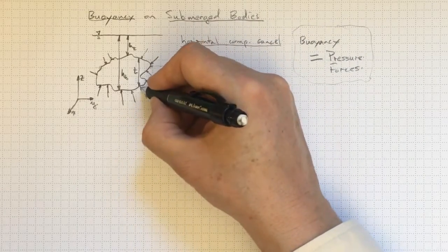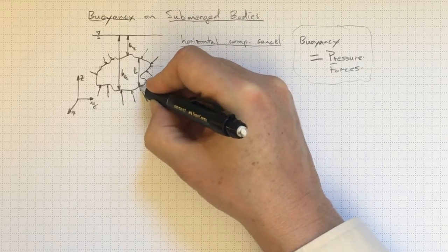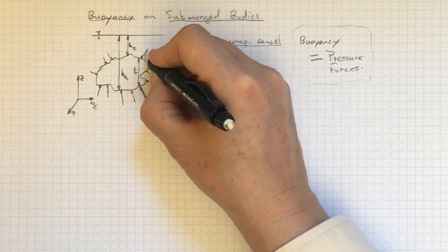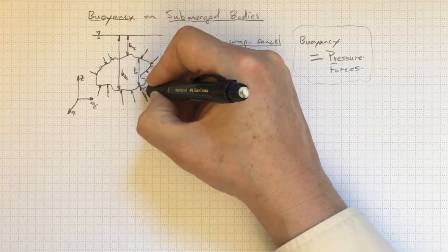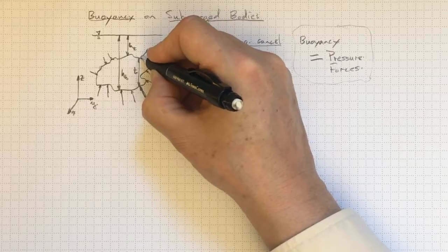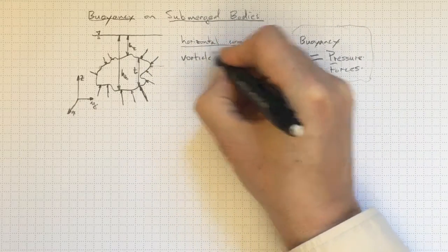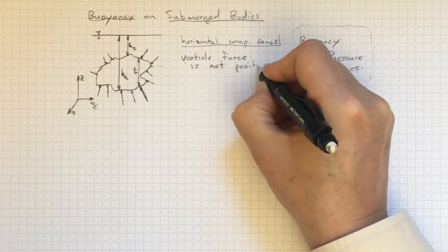Well, if I look at this pressure down here, for example, the vertical component of that pressure force down here is larger than the vertical component of this pressure force up here. So on this little chunk of the body, the pressure force acting on the bottom is bigger than the pressure force acting on the top. And the result is we're going to get a vertical force that is net positive.